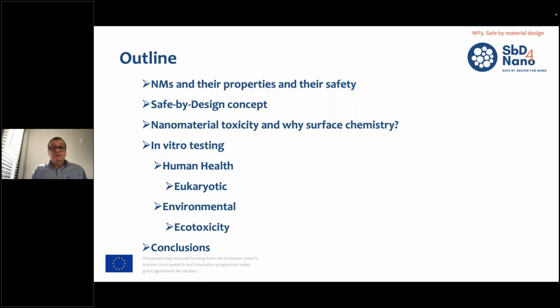Then of course, I need to show you some case studies, some materials, and how surface chemistry is affecting their behavior in biological systems and the environment. We are doing two types of in vitro tests. The first group is to check with eukaryotic cells, related to human health. The other is the environmental concern, called ecotoxicity issues, and I will conclude my talk.